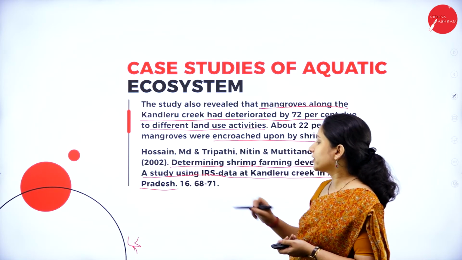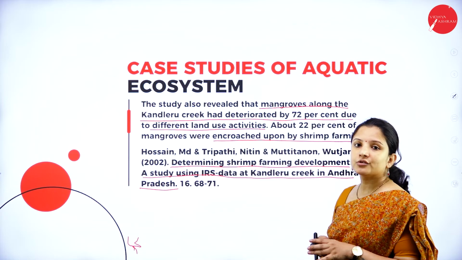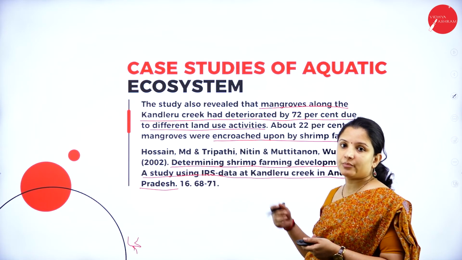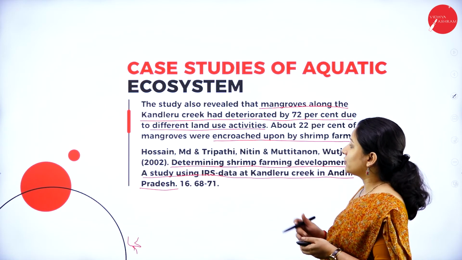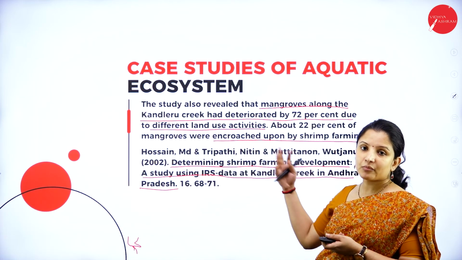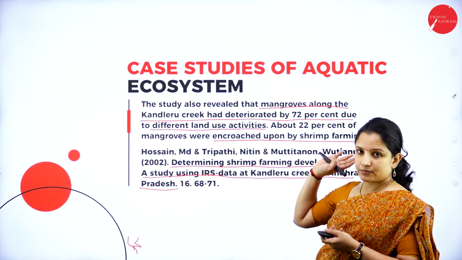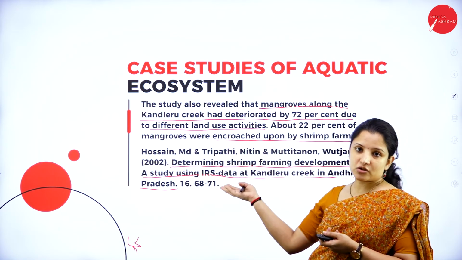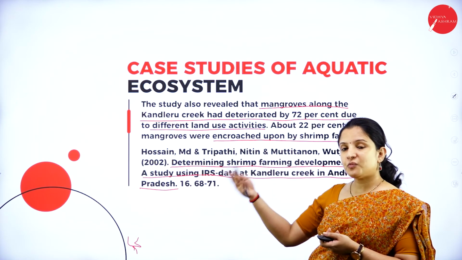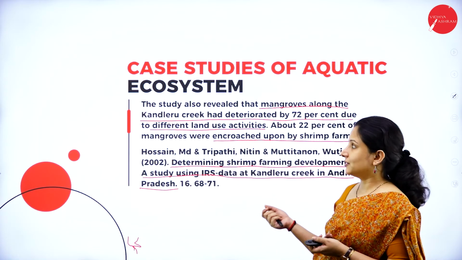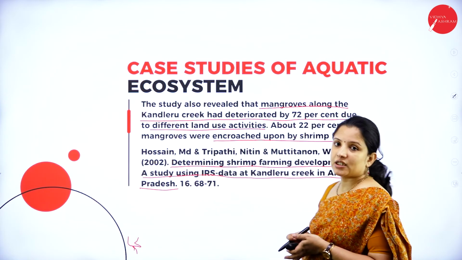Just have a look at this journal so that you will get complete information about this case study. You might also get ideas on what can be followed to continue with shrimp farming and also not spoil the aquatic ecosystem.